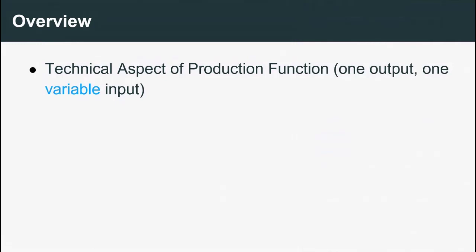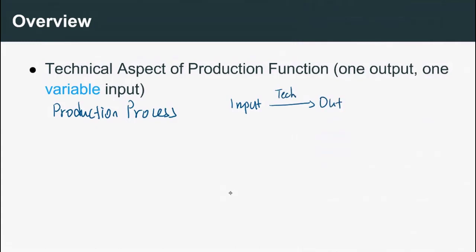So for the technical aspect of production, we first start with the introduction of what a typical production process is, and that typically has three components. The first one is input, and then input goes through a production technology, then it's converted or transformed into output.